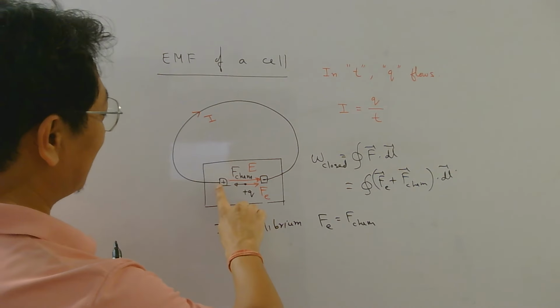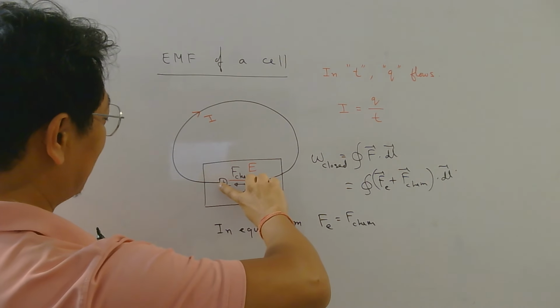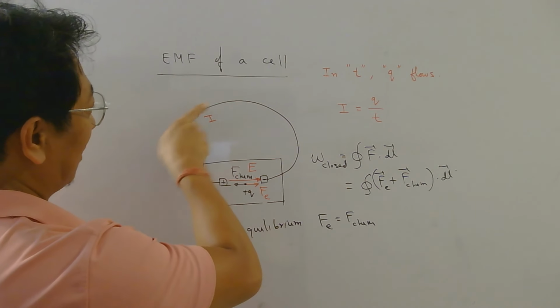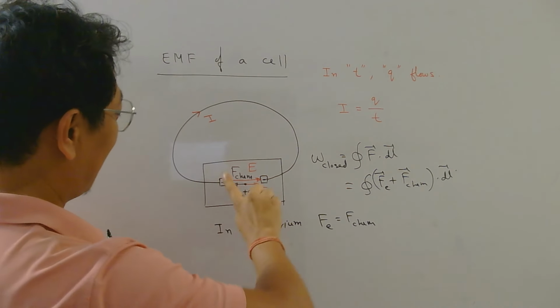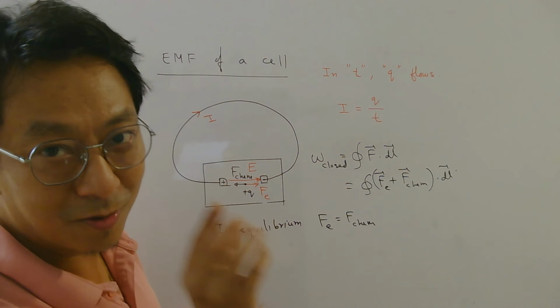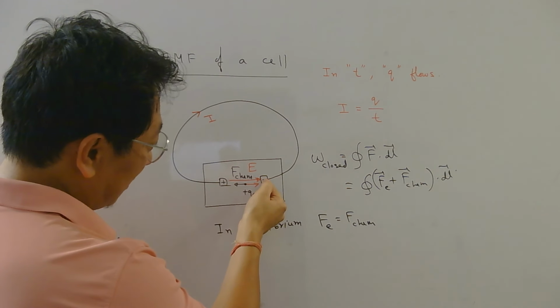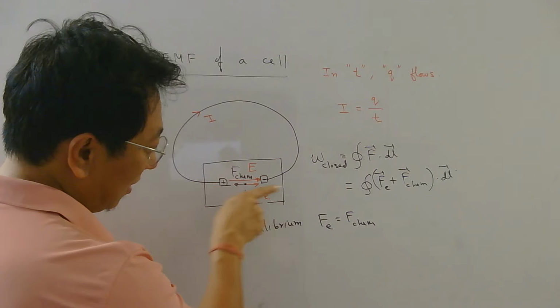So, outside the cell, the surface charges will create electric field in such a way that everywhere inside there is electric field along the current. And thus, charges are moving this way, electric field is this way outside, so it does positive work. But inside, the plus charges, when they come here, electrostatic force is here, remember.